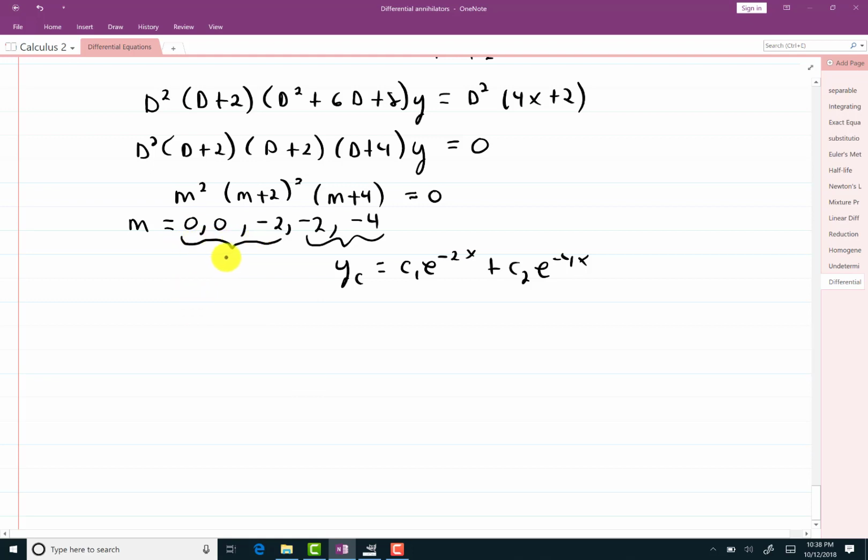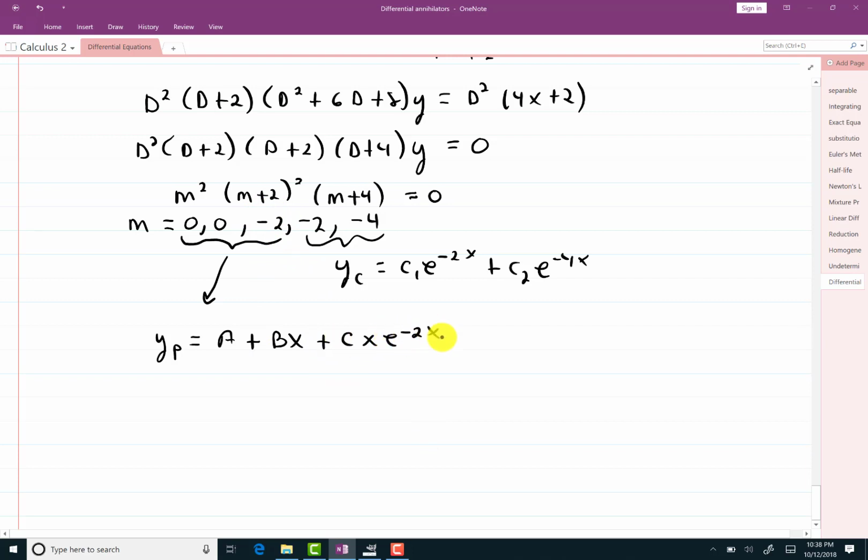So let's go down here with it. Y sub p, I'll get a constant, so a, plus, and then I've got a repeated 0, so that's bx. Now remember, we had an e to the -2x was already a solution here. So when I have this repeated one, I'll need to add plus cx e to the -2x.